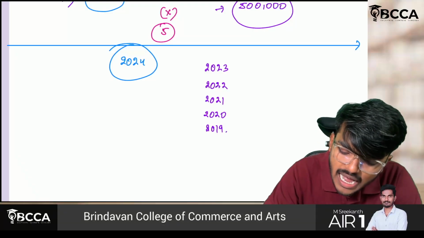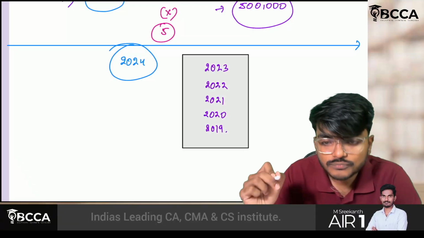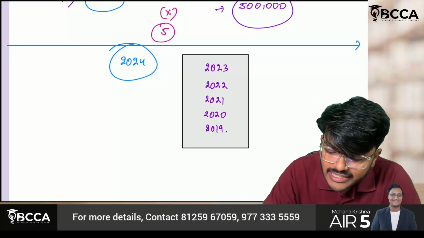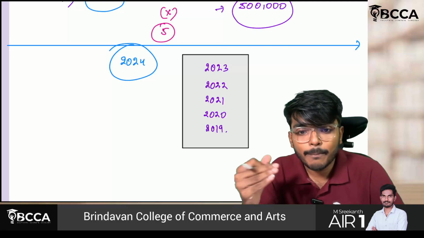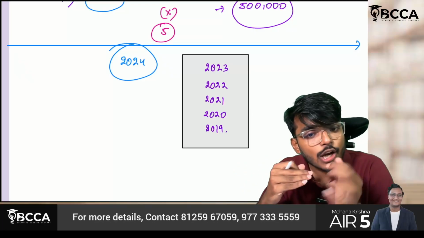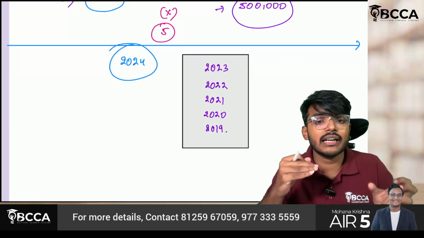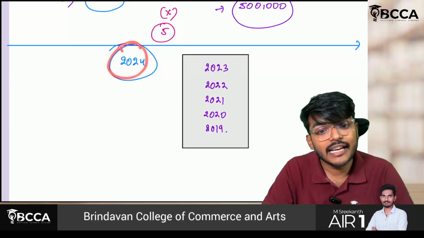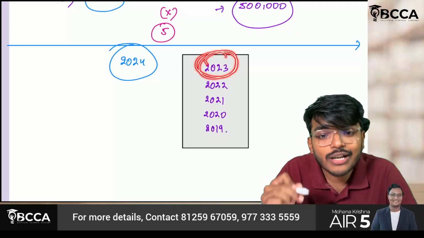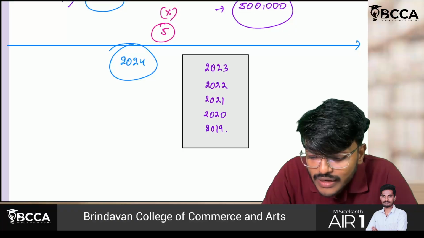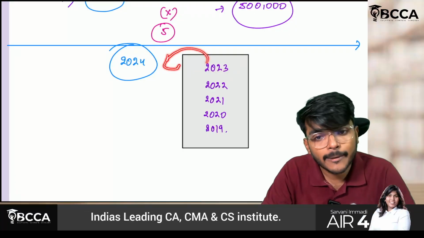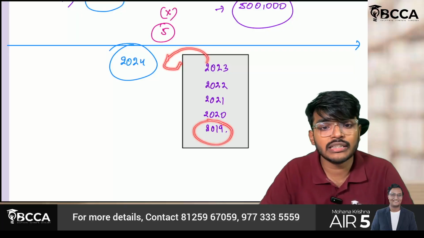Which year's profit gives the correct sense of estimation? Which year's profit will be nearer to the current year? Obviously the situations on 2023 would be more accurate while determining the goodwill calculation rather than 2019.